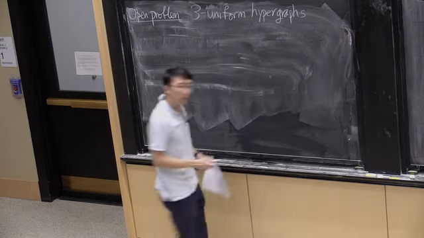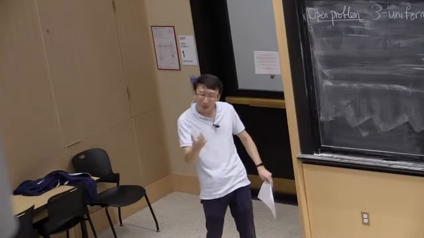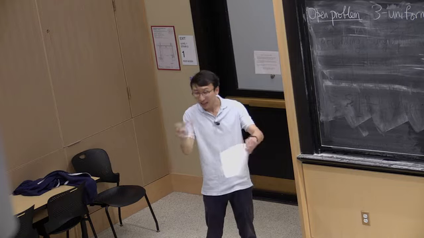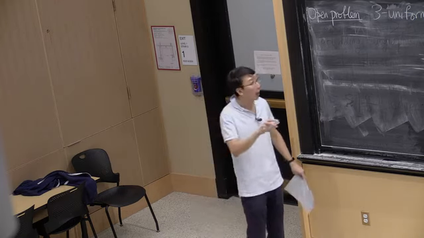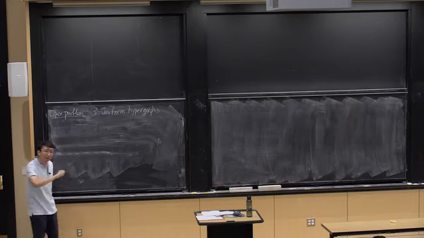Don't be scared by the word hypergraph. Whereas you think of graphs as having edges consisting of pairs of vertices, for a 3-uniform hypergraph, the edges are triples of vertices.